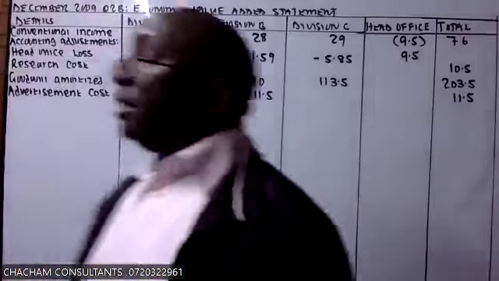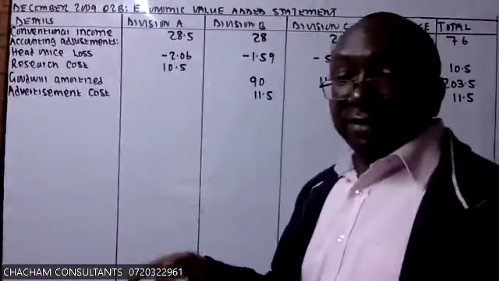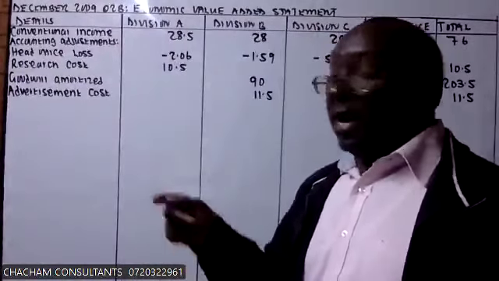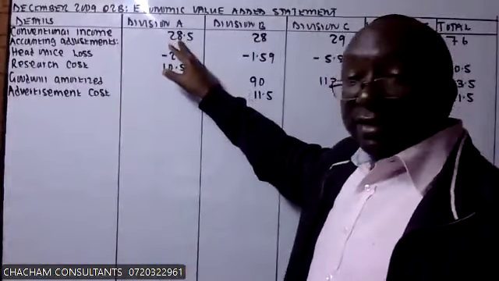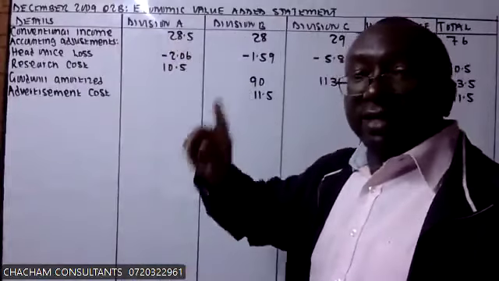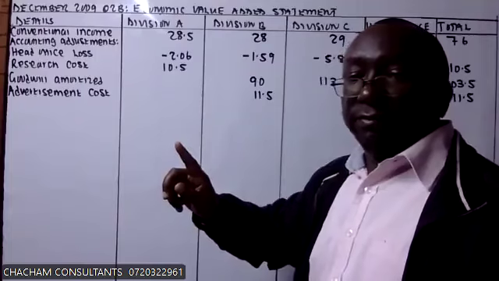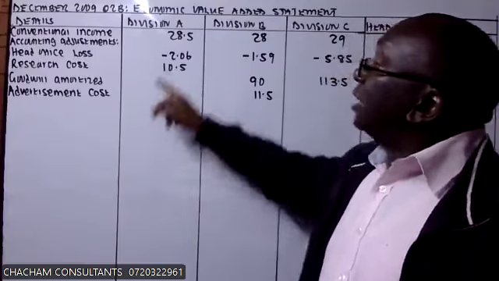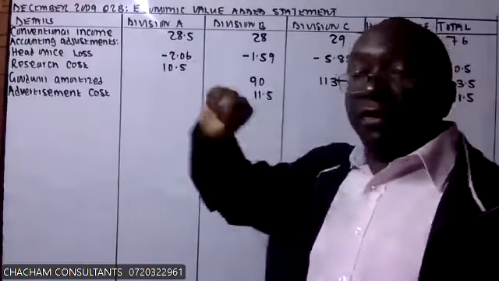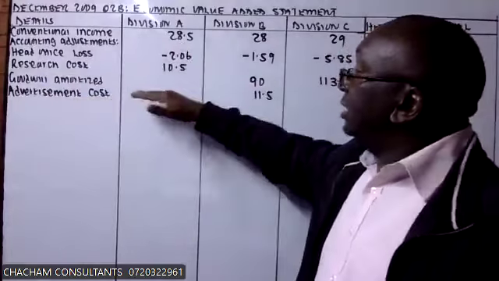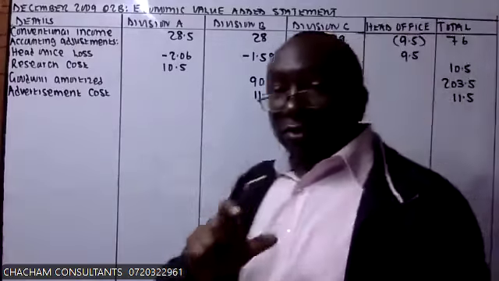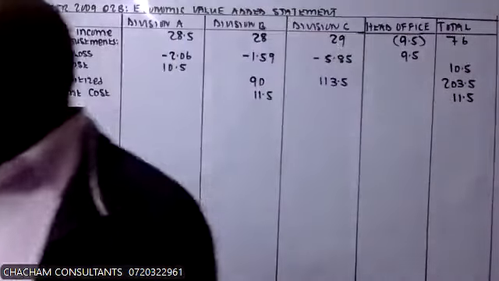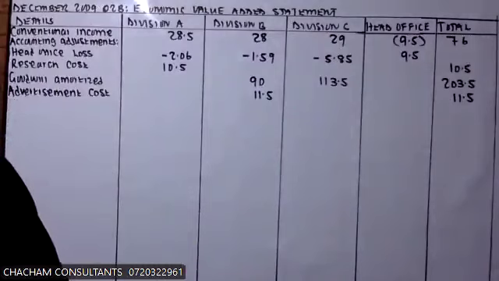But if we had used profit after tax, if we had started here with profit after tax, we would have added the interest back. Then, now that we have used the profit before tax, we should charge tax here. But this question has not mentioned tax.